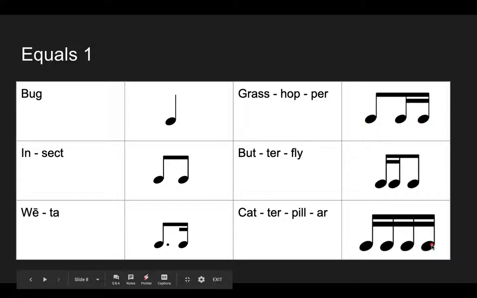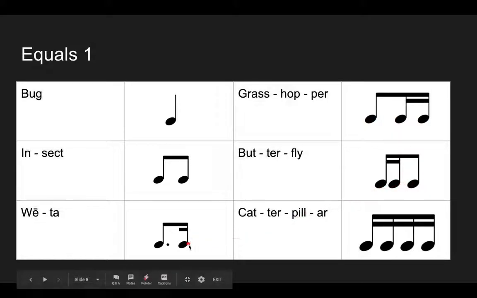Now we can also mix the quarters with the halves. You've got a quaver plus a semiquaver plus a semiquaver, so a half plus a quarter equals 1, and it's grasshopper, grasshopper, grasshopper, grasshopper. Then we have the reverse, which is a quarter and a half: butterfly, butterfly, butterfly, butterfly.